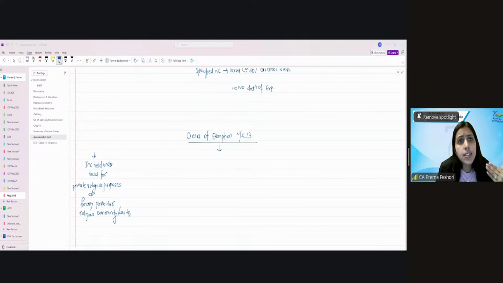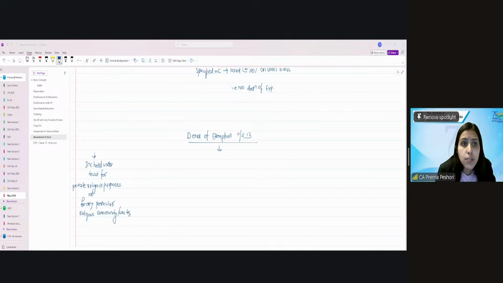However, if a trust is established for scheduled castes, backward classes, scheduled tribes, women and children, that is not for the benefit of a particular religious community. In that case, there is no problem. But where it is established for private religious purposes or for any particular community as such other than scheduled castes, scheduled tribes, then the denial of the exemption will happen.